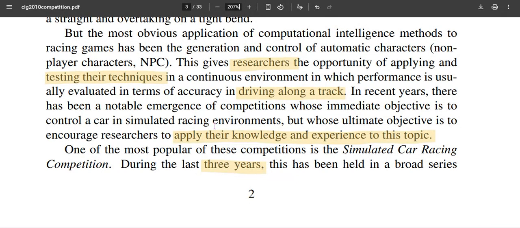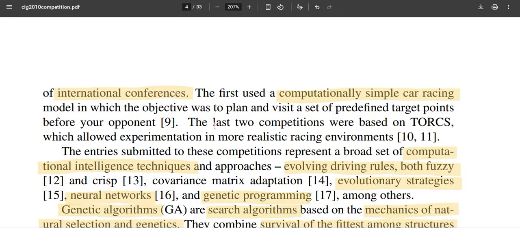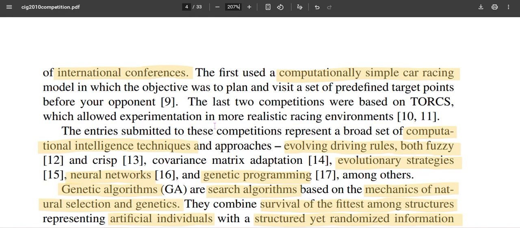One of the things the authors say is that they have put their effort into competitions like the simulated car racing competition in the last 3 years, and they claim that they have used computationally simplistic car racing modules, and even though they seem simplistic, they claim to have won those competitions based on the TORCS environment.